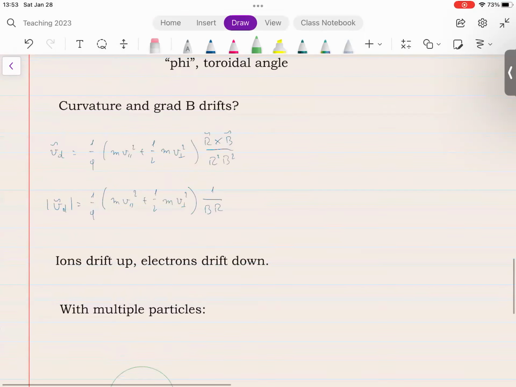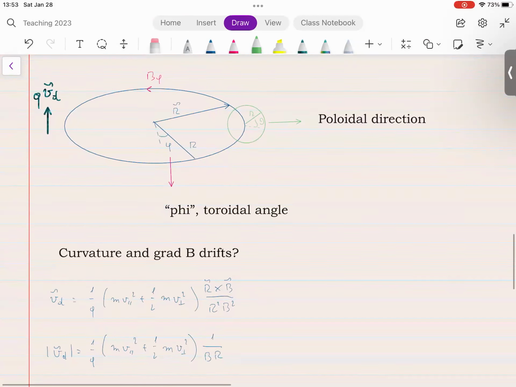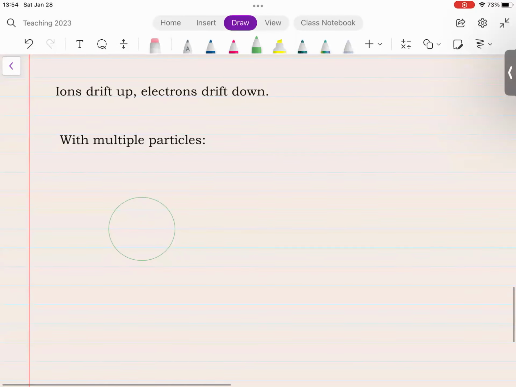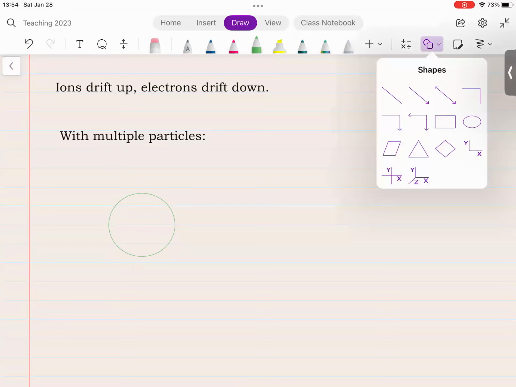Now, this green circle is the same green circle as I had above, that is in the poloidal plane, a plane perpendicular to the toroidal direction.